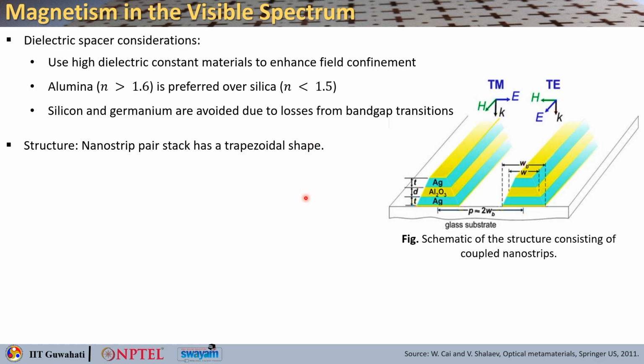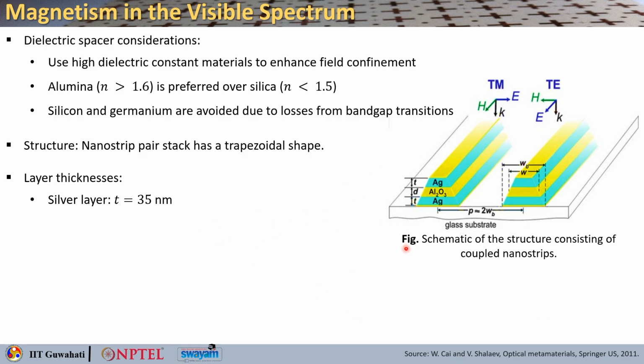So, now we move on to the discussion of the experimental demonstration of magnetism in visible frequency range using nanostrip pair samples. Again, these are silver nanostrips separated by alumina, and we have seen this structure already. This nanostrip pair stack has a trapezoidal cross section, and these are the other dimensions.